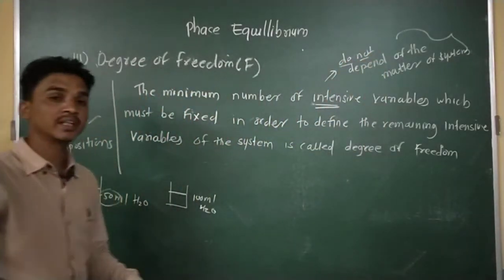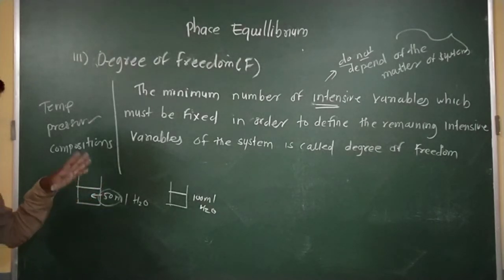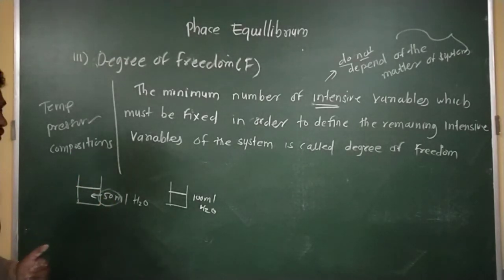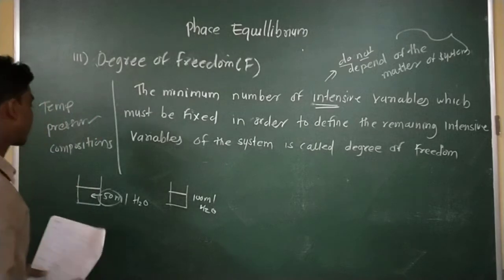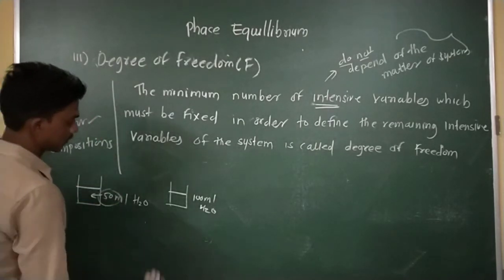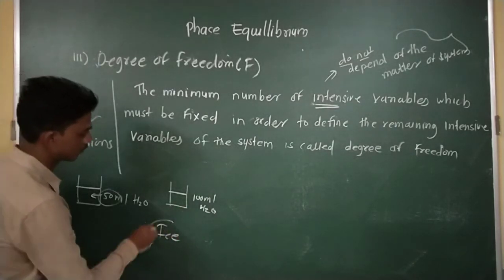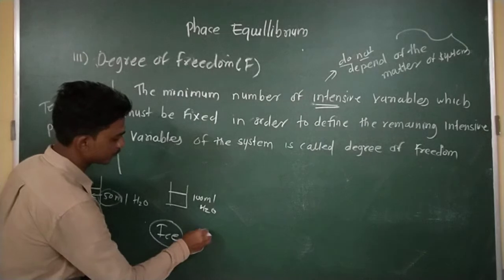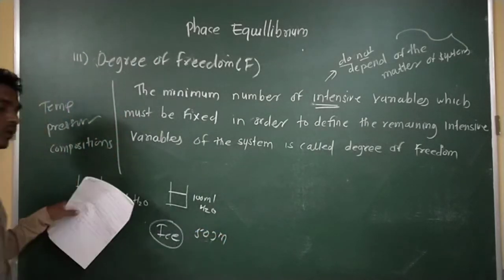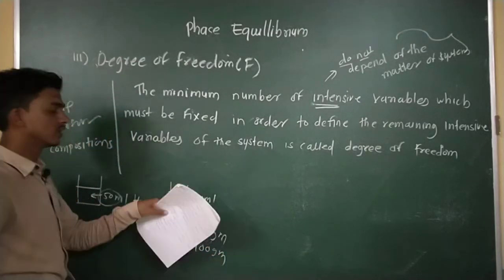Melting point is also like that. Suppose I take a solid, ice. 50 gram of ice is taken in one beaker and 100 gram of ice in another beaker.